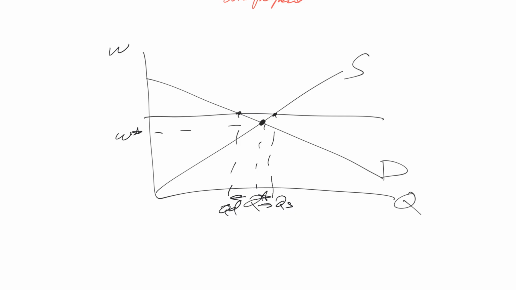So it's the same thing as the minimum wage, just arrived at differently: workers banding together and using their power to extract a higher wage. Now, what happens if they go for too much?